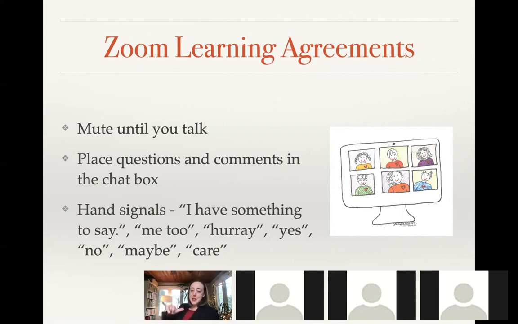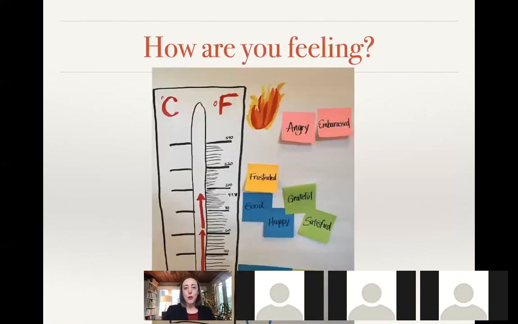This is the Me Too sign if children especially want to agree with what you're saying, or really feel what you're saying. Of course, this is hooray or clapping. Yes, a thumbs up. No, a thumbs down. Maybe a thumbs in the middle, and care you can show with the hand to your heart. So I think all those symbols are really helpful to show our children.